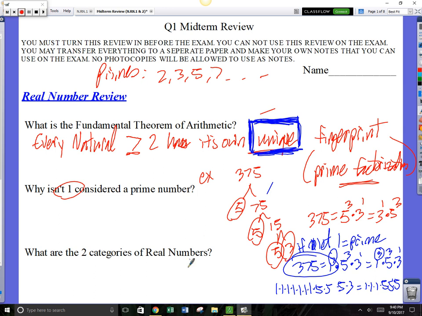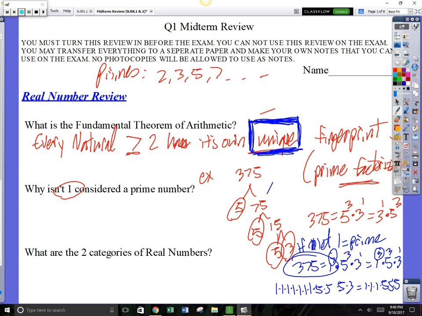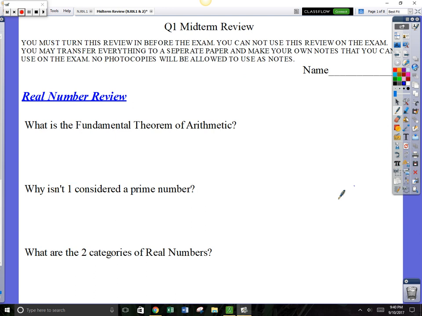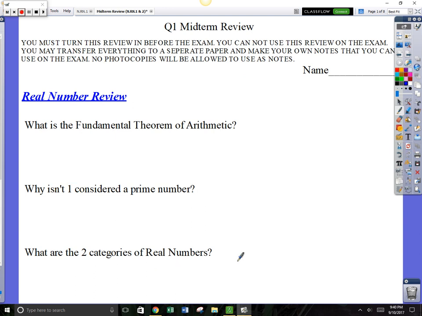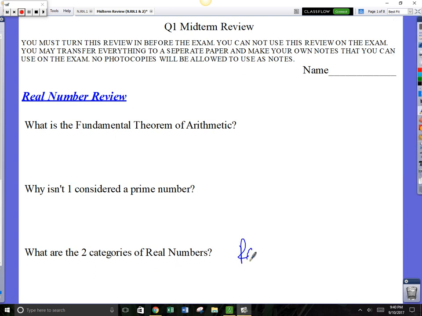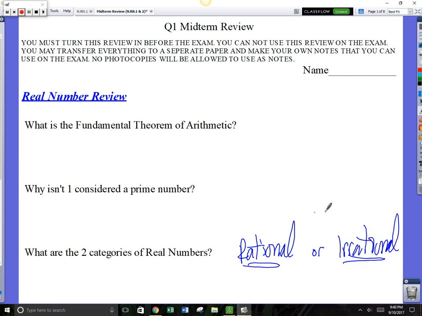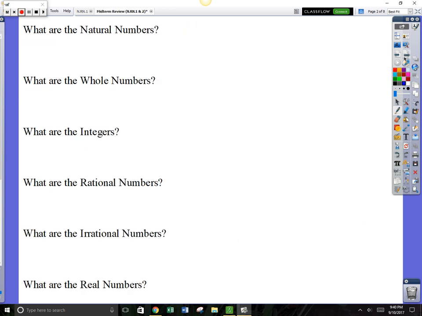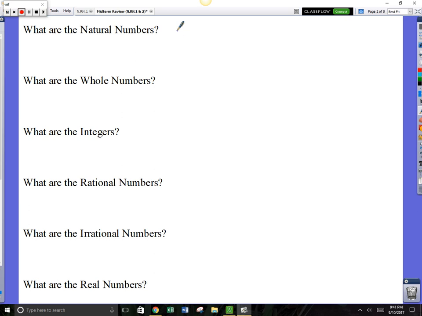Okay, now the two categories of real numbers. Real numbers are classified either they fall in the rational group or the irrational group. So those are the two categories of real numbers. They're either rational or irrational. And here we go. So the natural numbers, this is the very first set. The natural numbers start with 1, 2, 3, 4, and they go all the way to infinity.